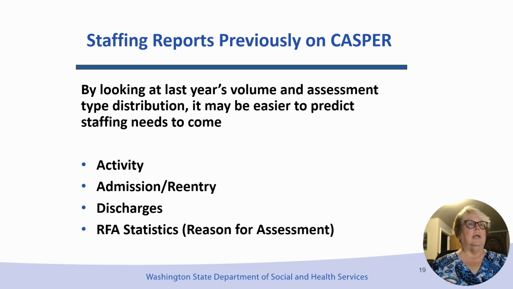I think that's now in iQIES, and that tells you how many assessments you have that are comprehensive and how many are non-comprehensive. As we know, the comprehensive assessments take much, much longer to complete and can help you with your staffing predictions when you know that you're getting more, you may have a particular month that you see more admissions than you might realize.